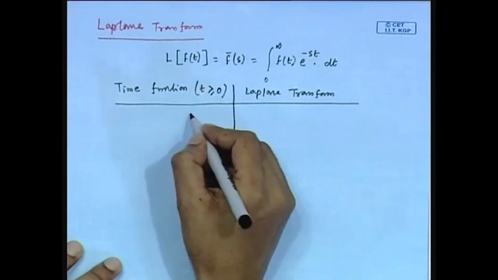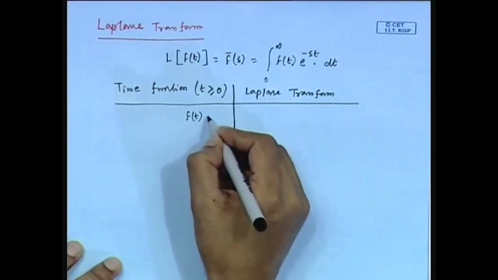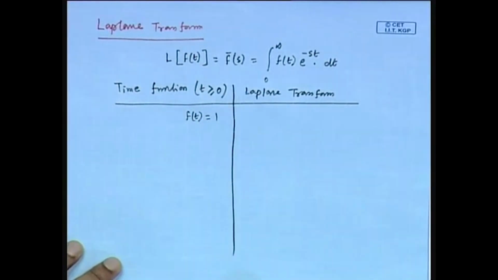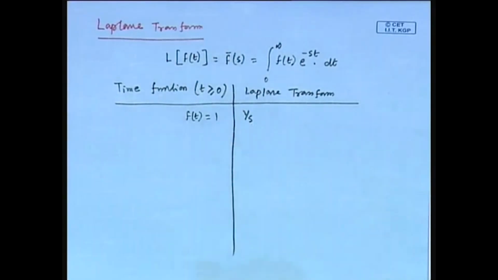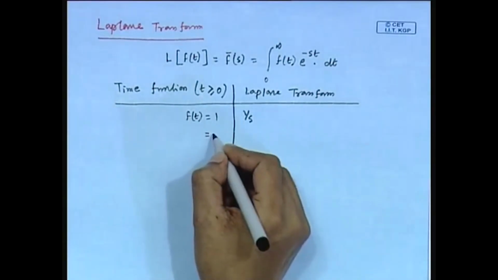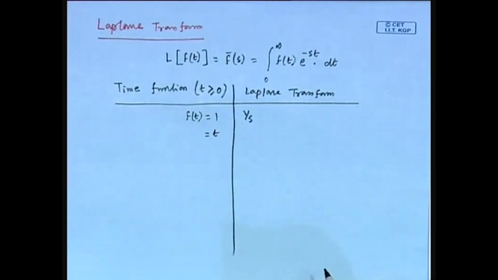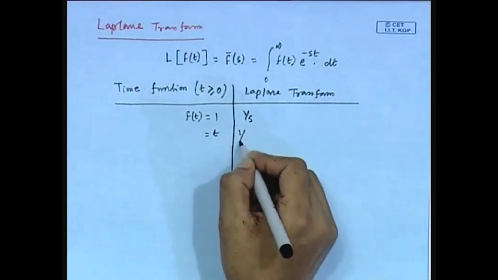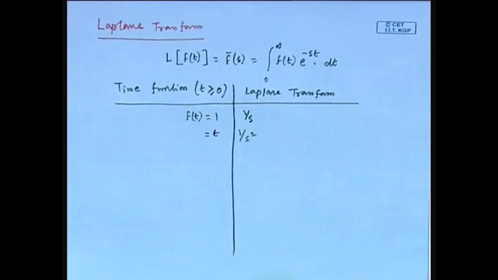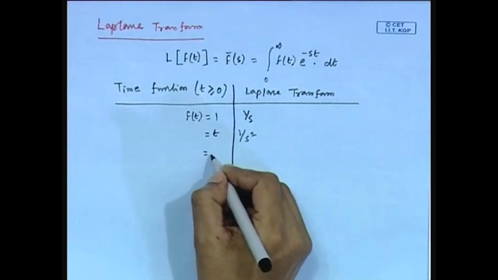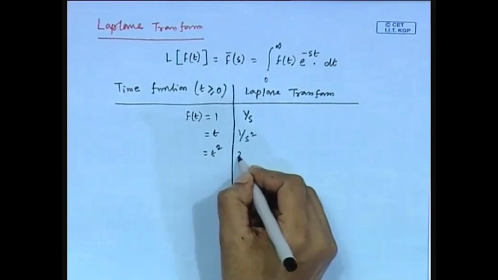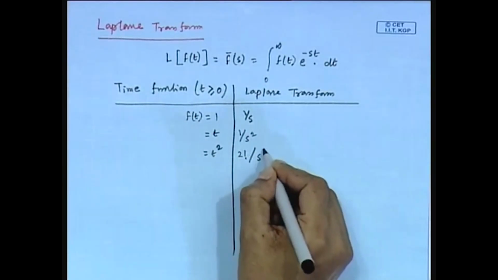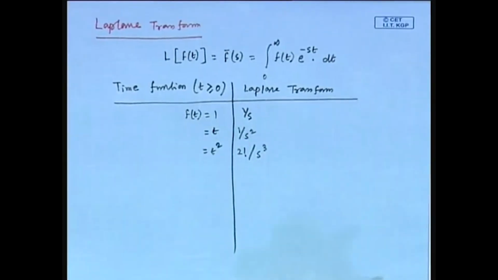If this function equals 1, the Laplace transform is 1 by s. Function equal to t, 1 by s square. If this is equal to t square, factorial 2 by s cube.